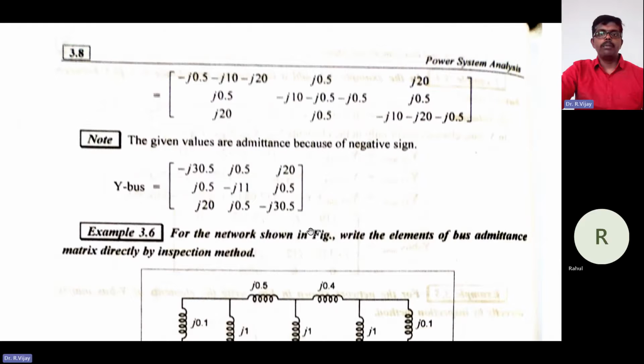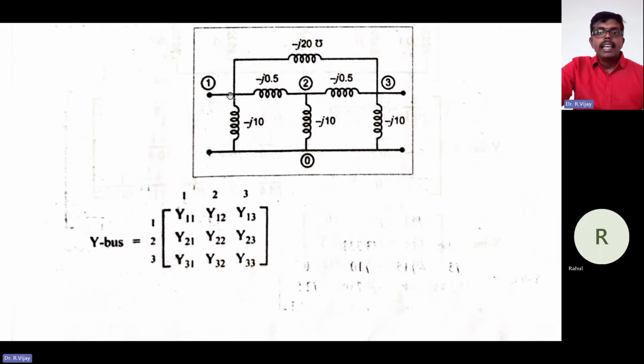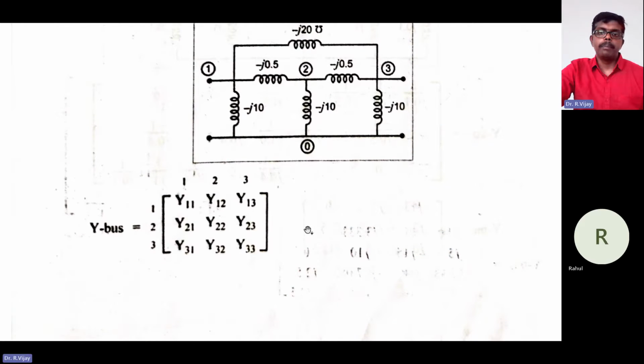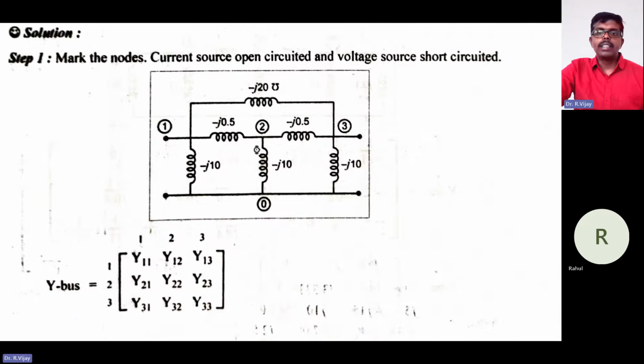Next, what is Y11? Whatever is connected to node 1, you need to add all of that. Here the direct admittance value itself is given, so no need of 1 by. Value itself is given.